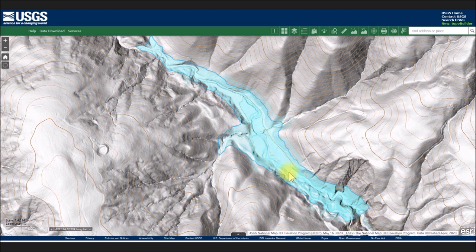Now this lake here would probably only be this full for maybe just a short period of time, because what's going to happen is you get this landslide down here, it's going to dam up the creek, and the creek's going to start filling up with water, and the high water mark will move up, up, up. It'll keep moving upstream. It might take the better part of a year for this to fill up.